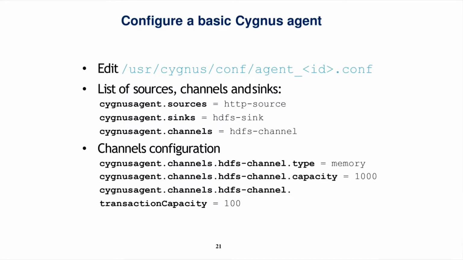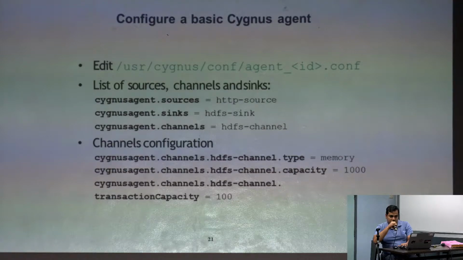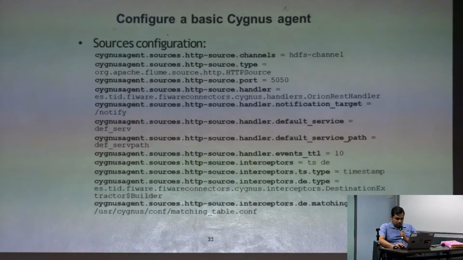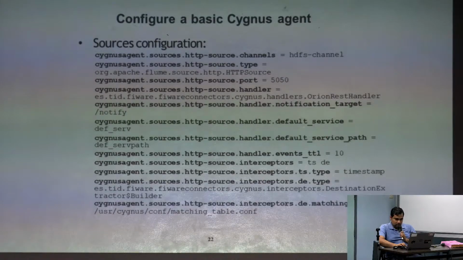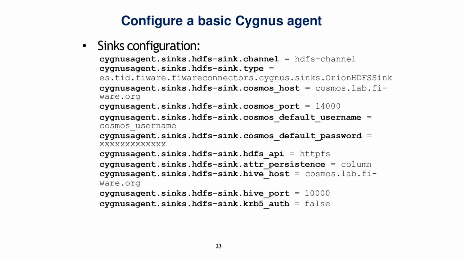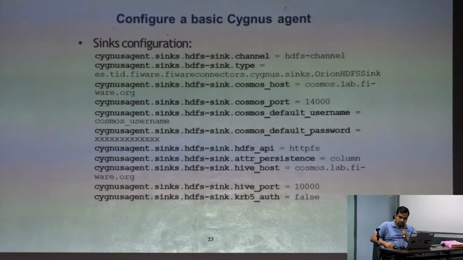I prefer to use STH Comet for my historical data needs, which I'll show you in the next presentation. Okay, so you can see some configuration. You will get access to this presentation, so you can see by yourself. This is the configuration of the HDFS sink, so if you're using Hadoop, this is the configuration.